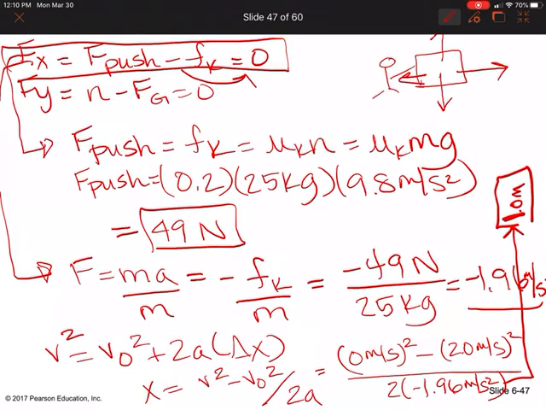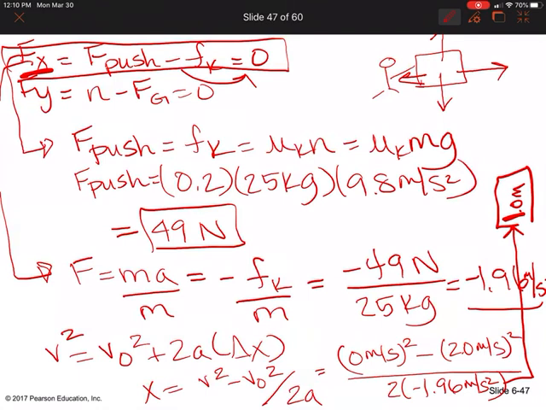So we just kind of have to think through the problem. It did not actually say kinetic friction, but you have to think, okay, it's moving, so I have to use the kinetic friction coefficient, and also think about which way the box is going. It's going in the x direction, so you need to use your force in the x direction in order to solve.